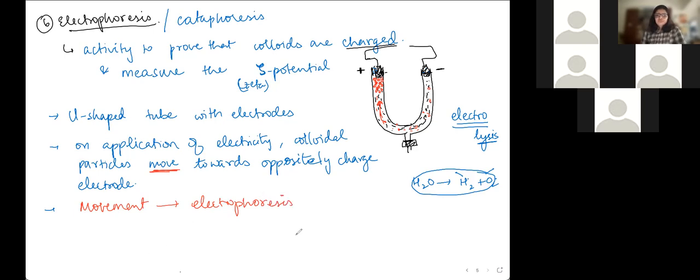Okay, so a lot of times whenever you need to separate out components of a colloid, you can use electrophoresis. Gel electrophoresis is an example of that application. You have a colloidal solution of DNA in the gel, with an electric sieve and all that.